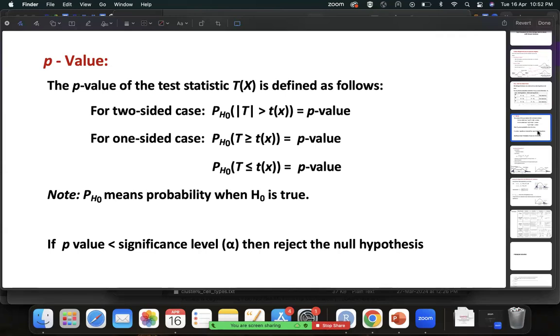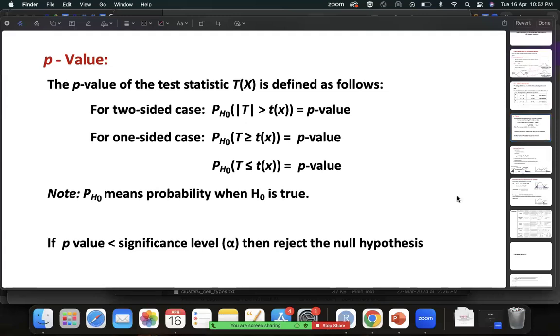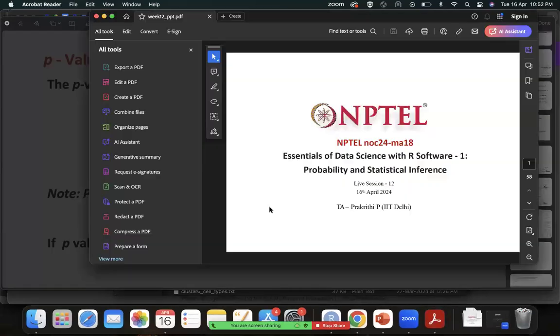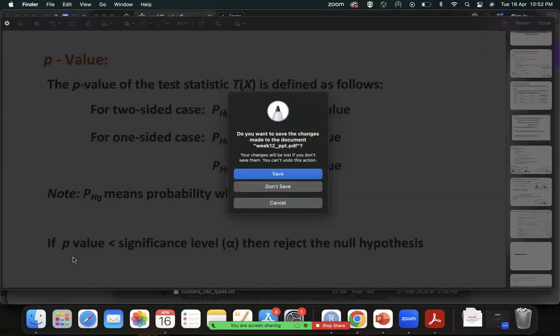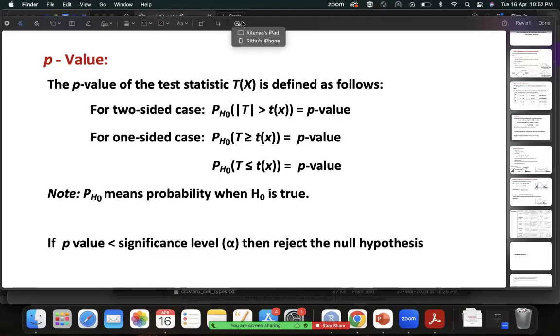So if alpha falls below 0.05 in general, you reject your null hypothesis. We're talking about p-value.